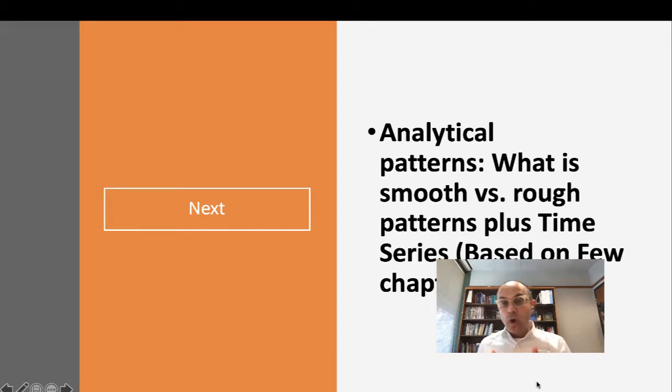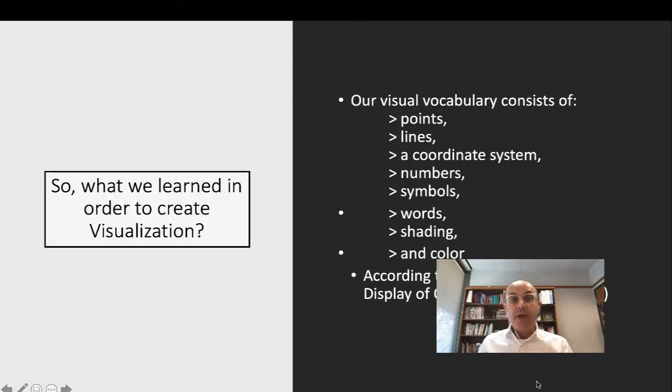But I want to go over something: some of you came to my office and we discussed analytical patterns, and what smooth and rough patterns and time series are. So I added it to module number 4 because I thought this is a really important subject that we need to discuss.